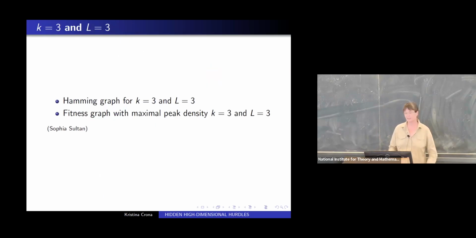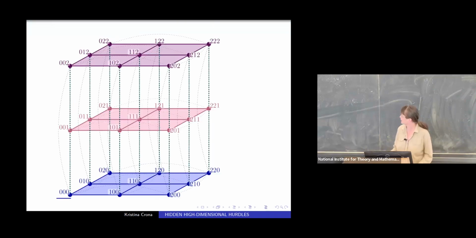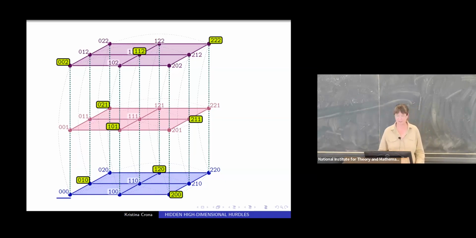And if we go to K equals 3 and L equals 3 instead, then my student, Sophia Sultan, made these figures. Actually, I don't know how well you can see it, but that's what it looks like. Every genotype has 6 neighbors. And maximal peak density would look like this.